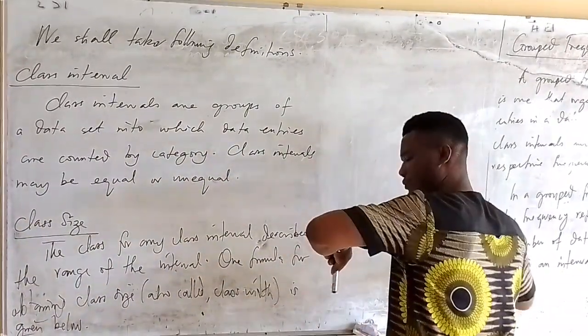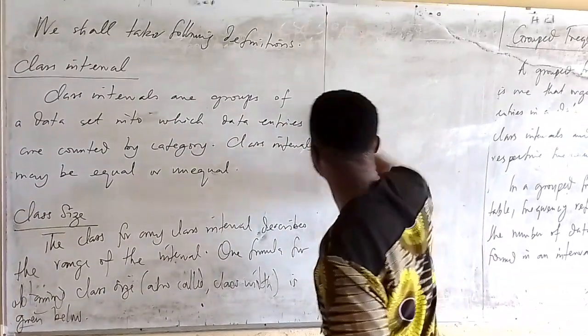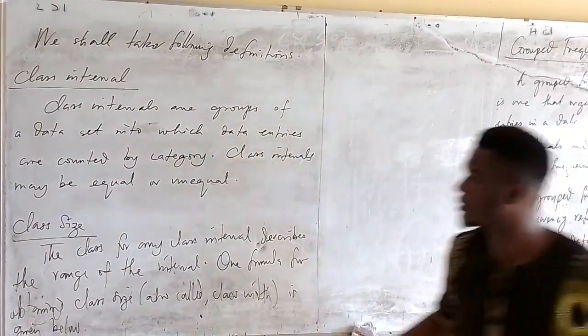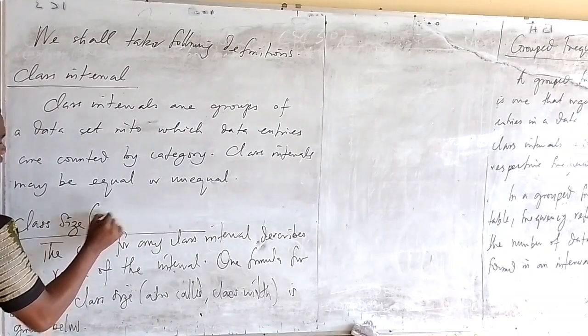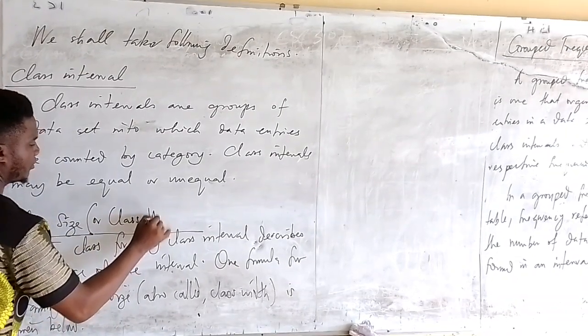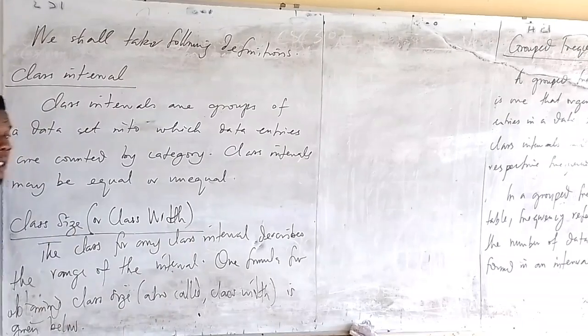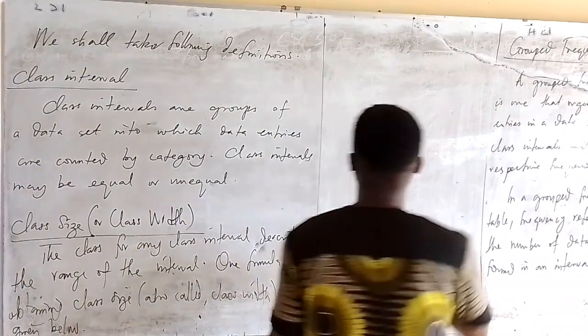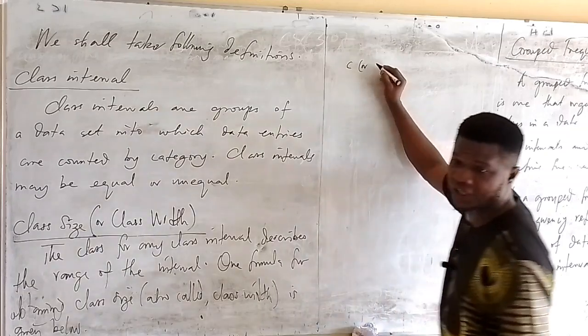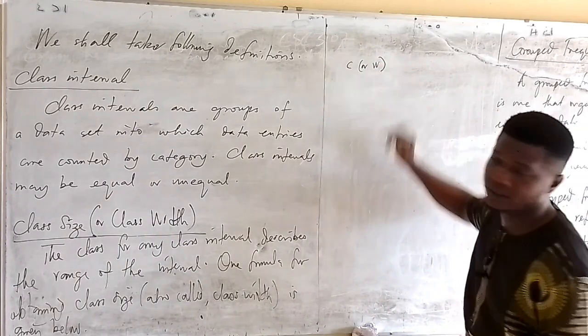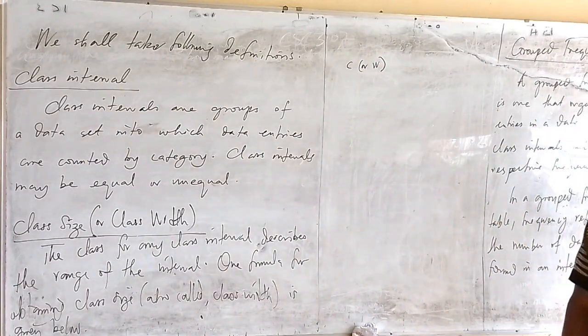It's given below. So please, let's put here: class size is represented with small letter c, or if you don't use small letter c, use small letter w. Is it clear, everybody?